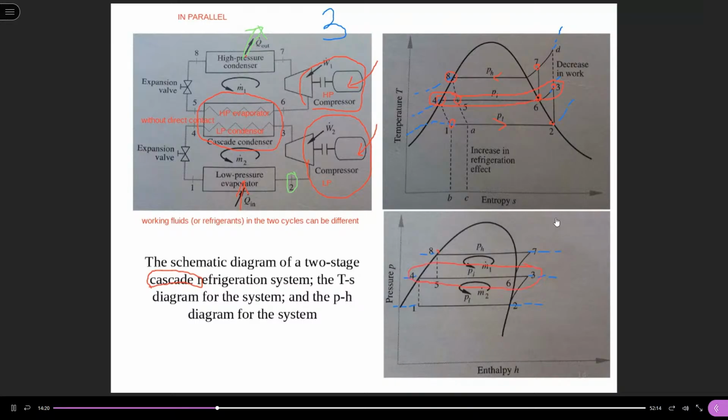In the Cascade condenser, there is a heat exchange, so we apply the energy equation and get the relationship as the change of enthalpy.